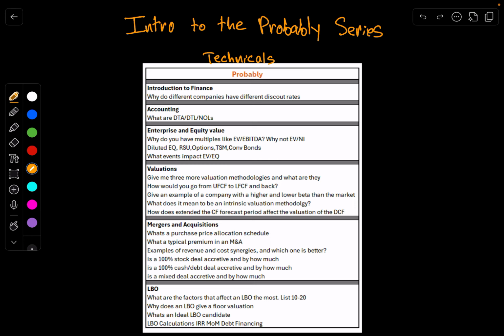We're going to be talking about an ideal LBO candidate and a real life example of an ideal LBO candidate, and then moving on to different LBO calculations. So looking at internal rate of return, money on money multiples, debt financing, exit calculation, stuff like that, right? Now, we're not going to do a full paper LBO because it wasn't common enough for me to deem it as part of this series, but it will likely be a part of the next series, right?